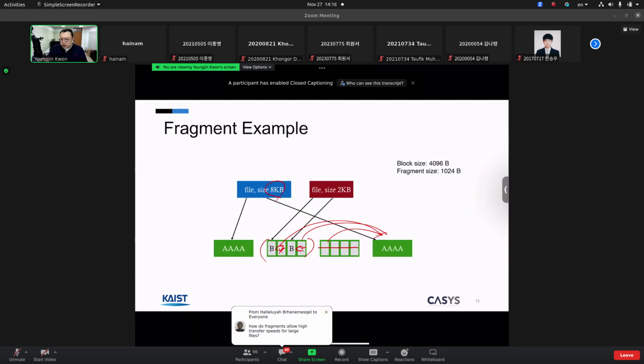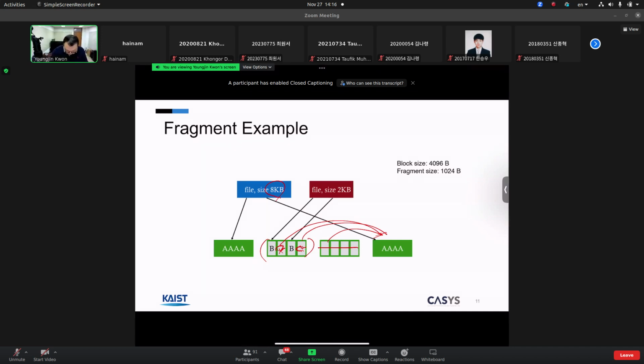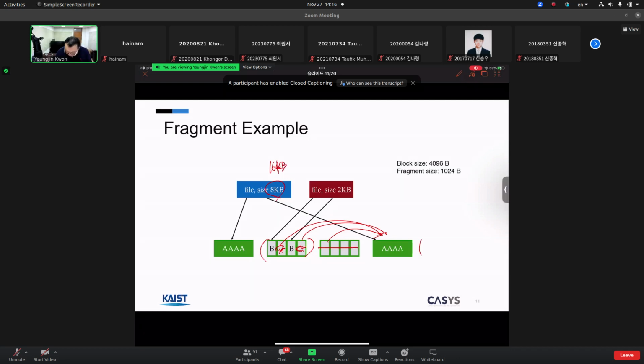How do fragments allow high transfer rate speed for large files? When you are using large files, for example, a file size of 16 kilobytes, you are using 4 kilobyte blocks. But if you are using small blocks of 512 bytes, when you're reading the 16 kilobytes, you have to read the index and locate 512 bytes each time, which is much slower.